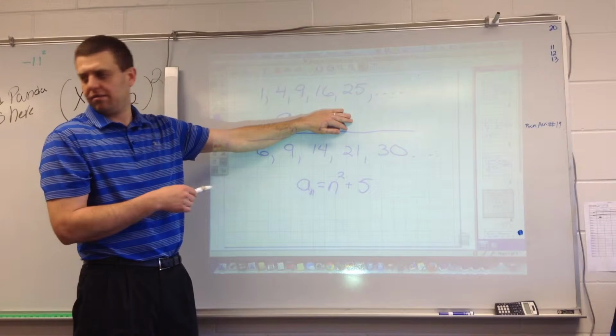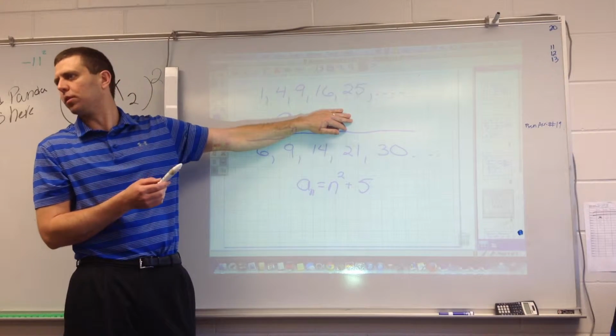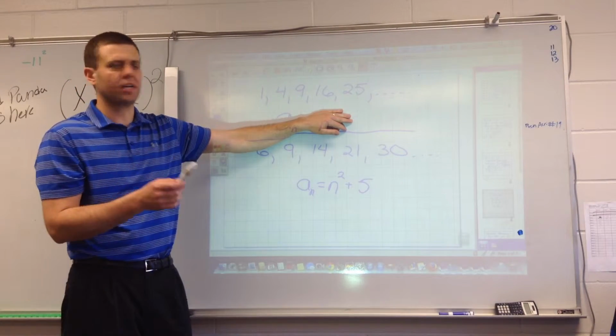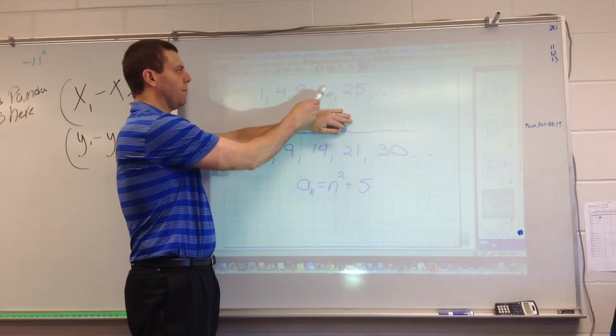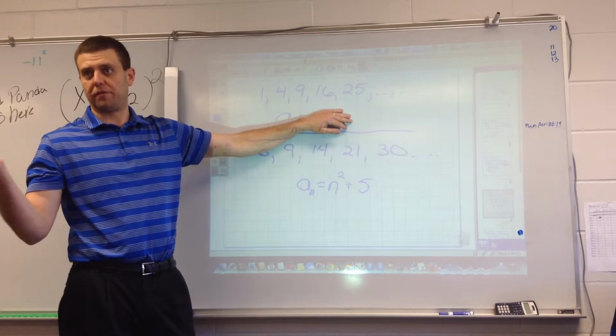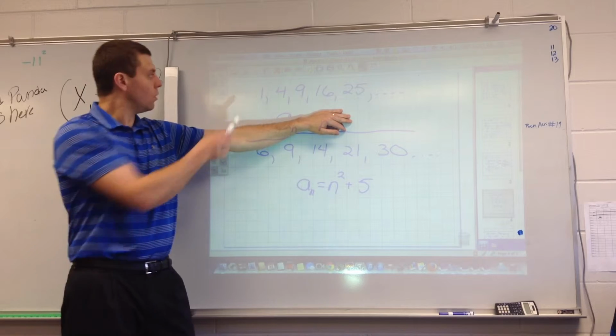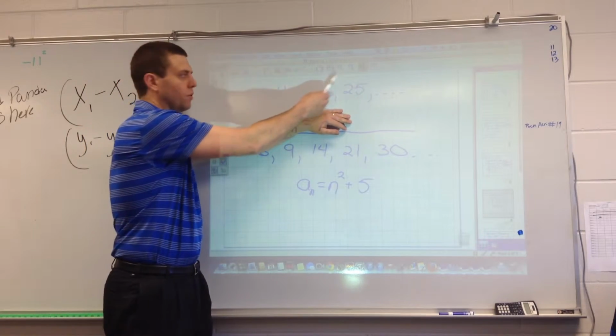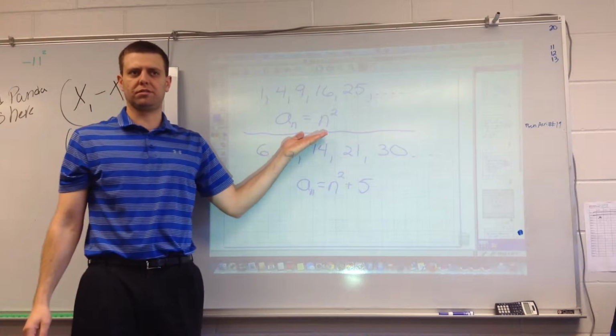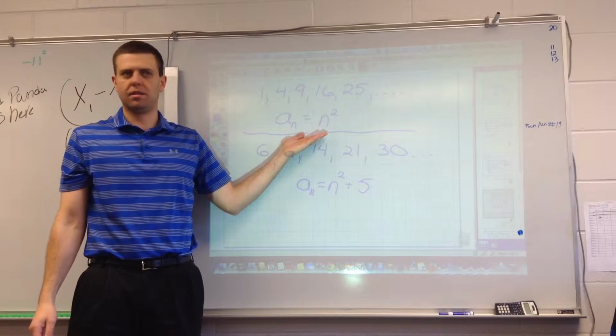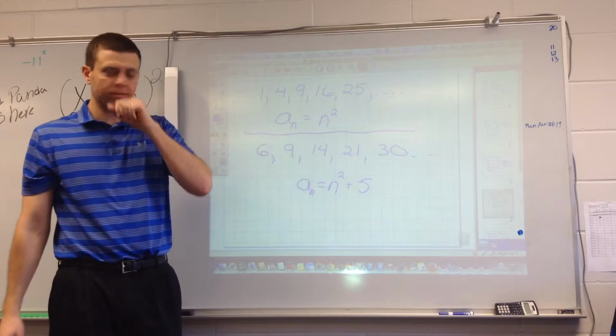It's definitely not geometric because they're not multiplying by the same number over and over again. But what's special about these numbers? They're perfect squares, right? 1 squared, 2 squared, 3 squared, 4 squared, 5 squared, so my rule is n squared.